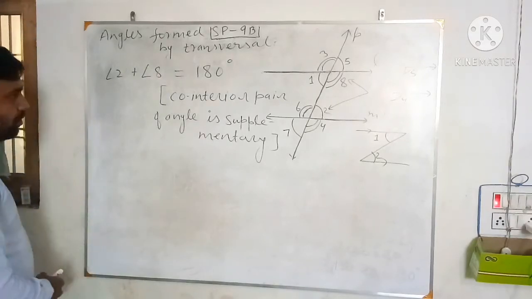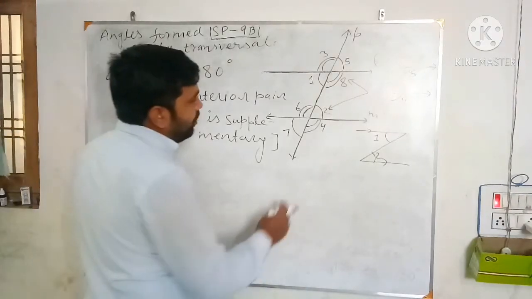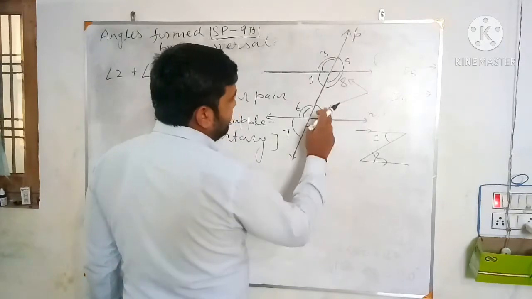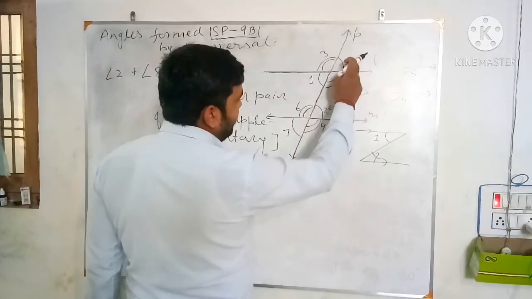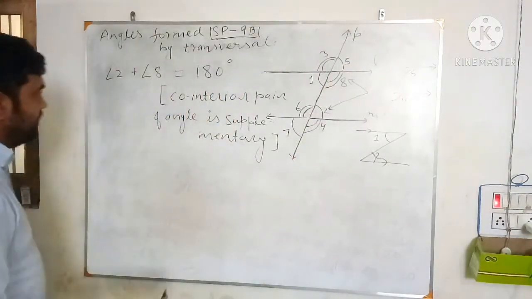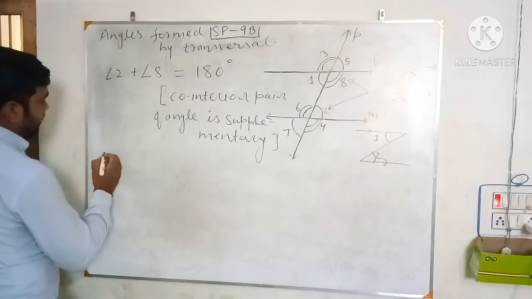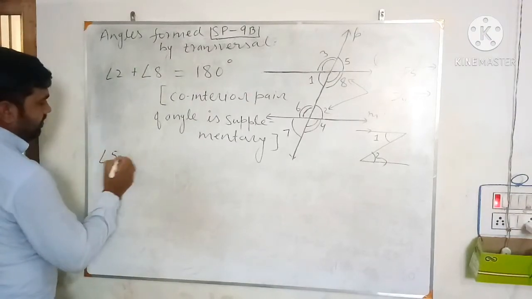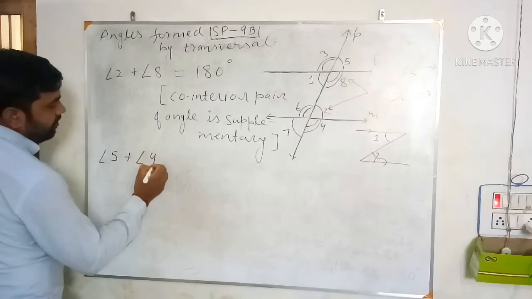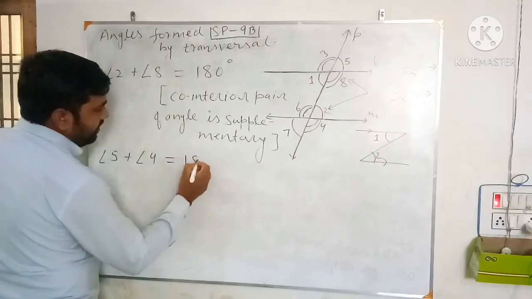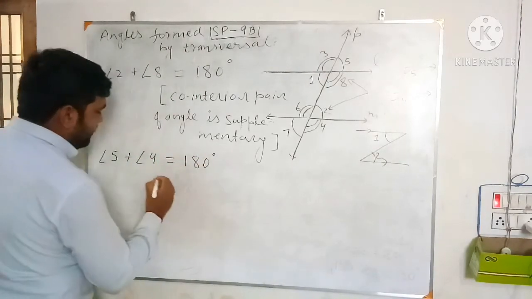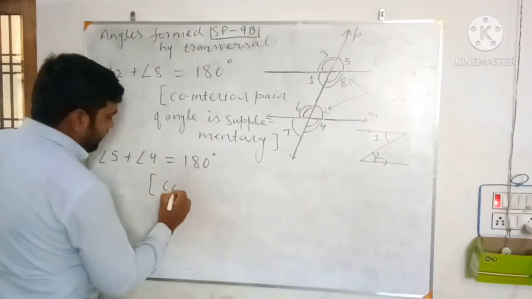Another one is the co-exterior pair. If both angles are outside the parallel lines, now the angles 5 and 4 both are the exterior pair. Their sum will also be 180 degrees. Now angle 5 plus angle 4 is also 180 degrees. What reason do you quote?